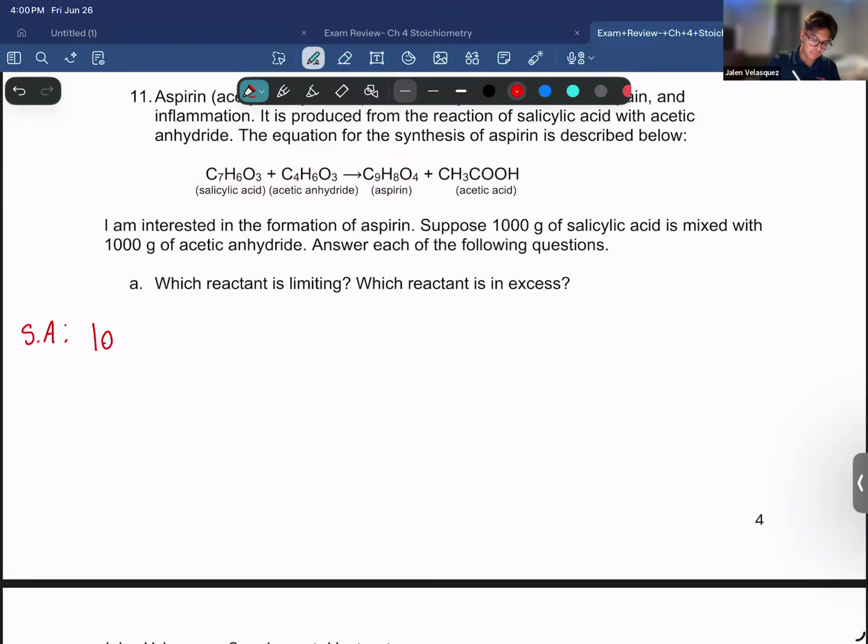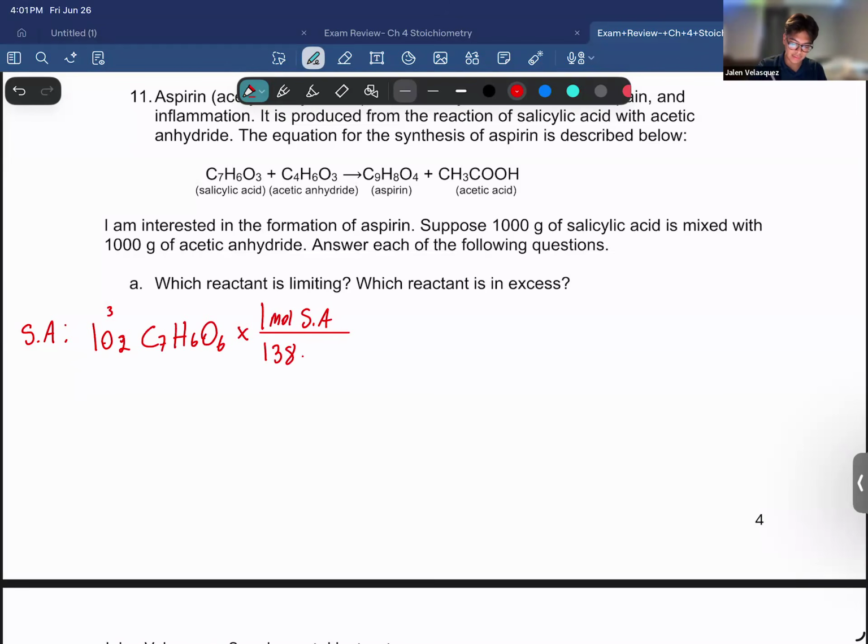So I have 1,000 grams. So we'll go from the grams of salicylic acid to the moles of salicylic acid by using molar mass.